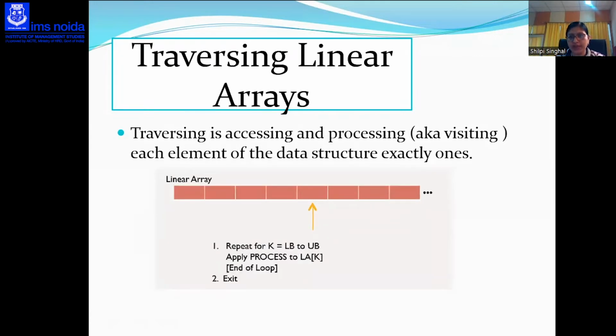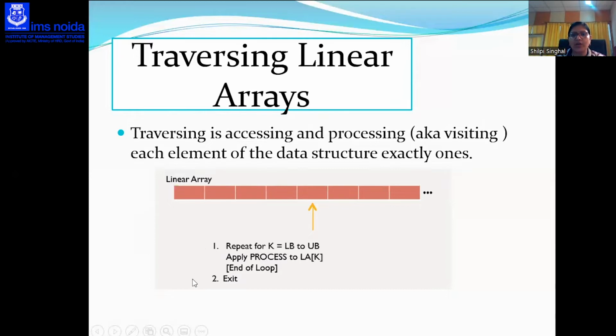For this, we can write a for loop. If I have 8 elements, I can write for i equal to 0 to 7, or 1 to 8, and access the elements. So the limits of the for loop are from the lower bound to the upper bound.